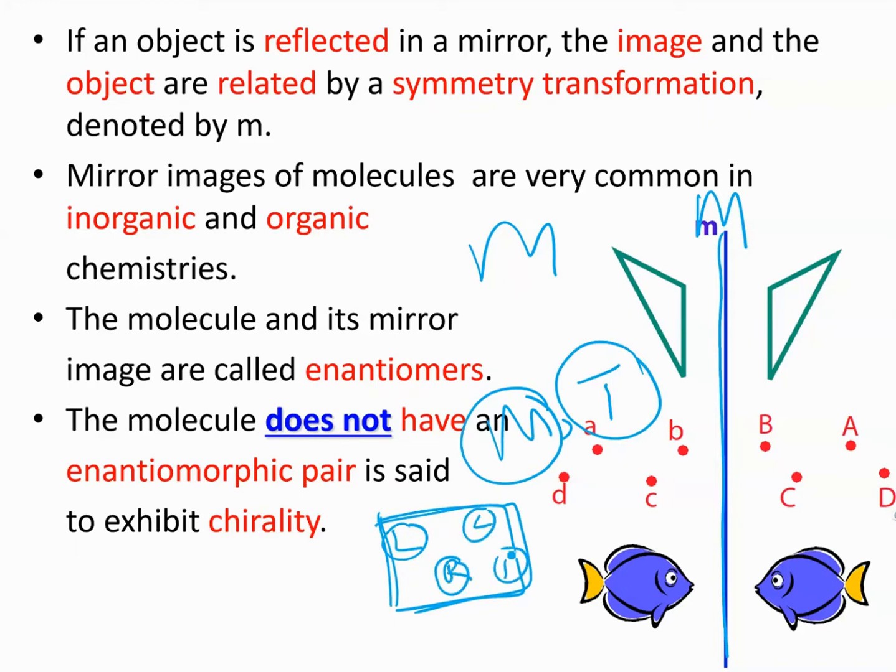Am I right? Whenever the sample exhibits mirror plane symmetry and inversion point symmetry, then the left hand will be converted to right hand. Then this left hand lattice point and this right hand lattice point, we call them enantiomers.